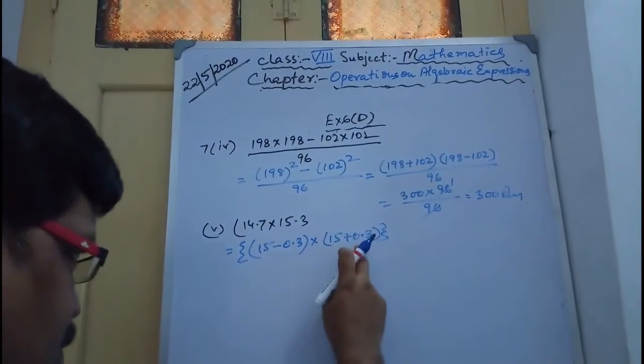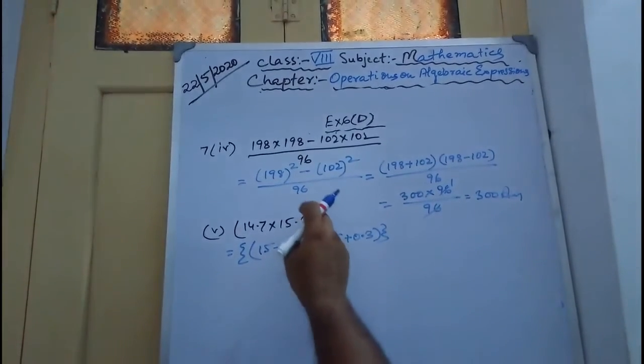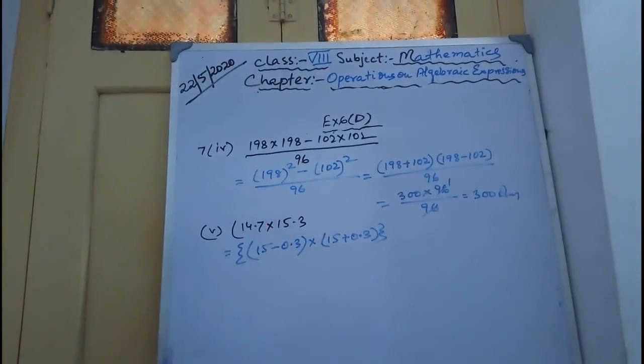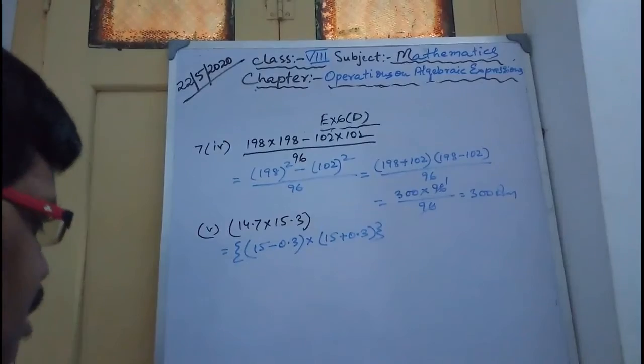So take two same numbers. By adding you get one number, and by subtracting you get the other number. In this way, first write that number.